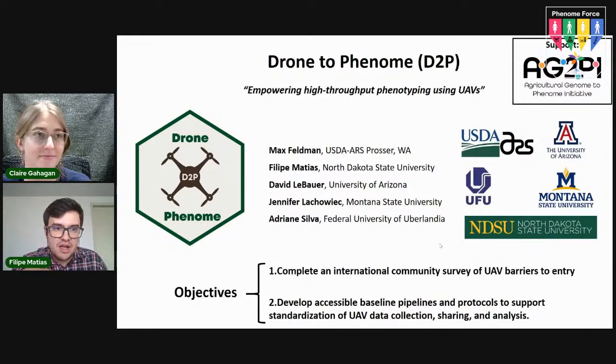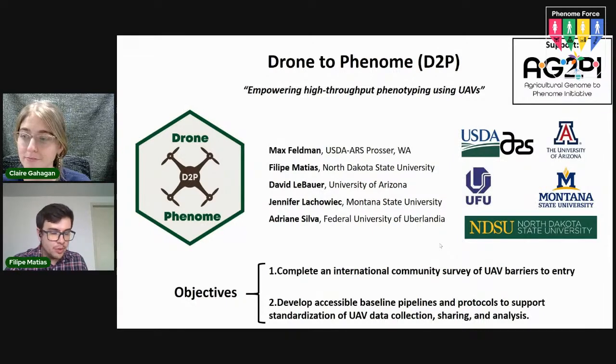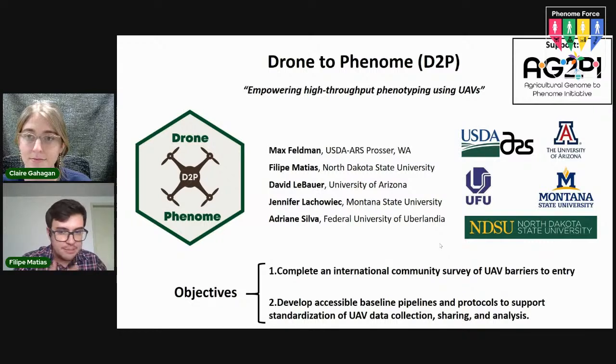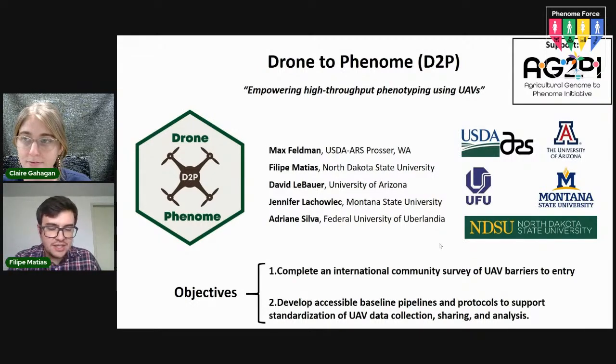This season, we have a partnership with Drone to Phenome Group. This is a new community that we are creating for empowering high throughput phenotyping using UAVs in agriculture and plant breeding. As you can see, this is an initiative from different universities, and it's very interesting because in this project, we want to make a survey to discover how people have been using UAVs in their research.